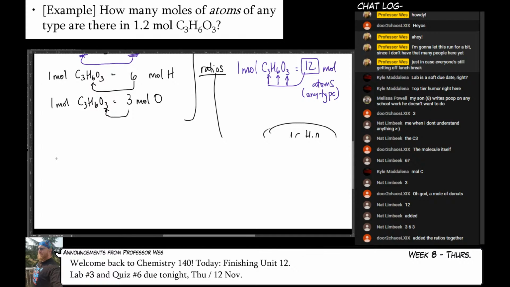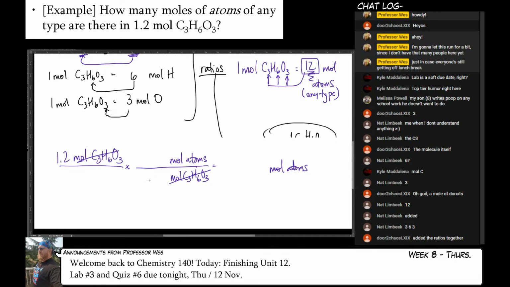Knowing that, we can say, if I have this many moles of my starting material, and I turn moles of that into moles of, we'll just call it atoms, first of all, these units cancel out, so I now have the units that I want to solve the problem with. And then I can use this number up here for my ratio.